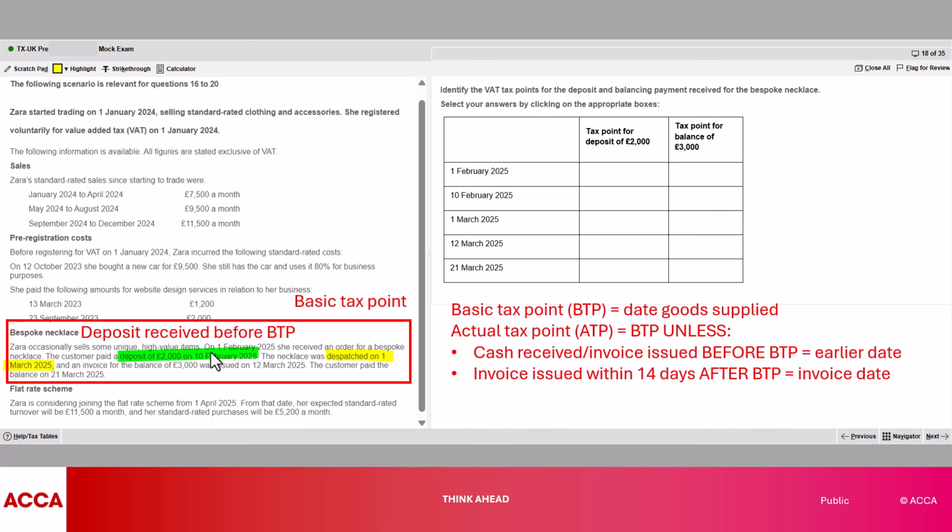And for that deposit, we are going to take the tax point as the date that it was received. We've then got an invoice for the balance issued on the 12th of March, so that is within the 14 days after the basic tax point, so we can use the invoice date for that balance. And the answer then, we have two different dates, 10th of February and the 12th of March.